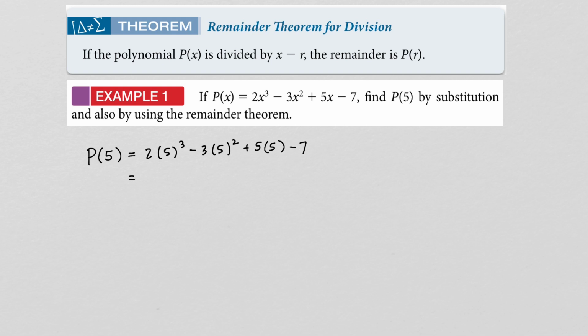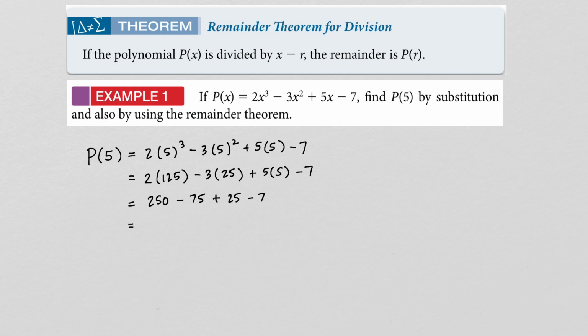And if we do the math here, we have 2 times 5 to the third is 125, minus 3 times 5 squared is 25, plus 5 times 5, minus 7. Now let's do the multiplication. 2 times 125 is 250, minus 3 times 25 is 75, plus 5 times 5 is 25, minus 7.